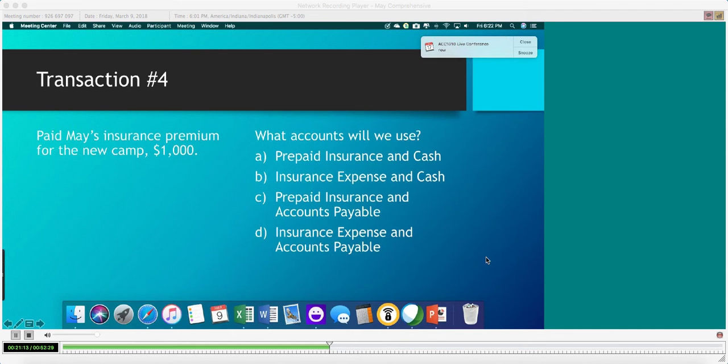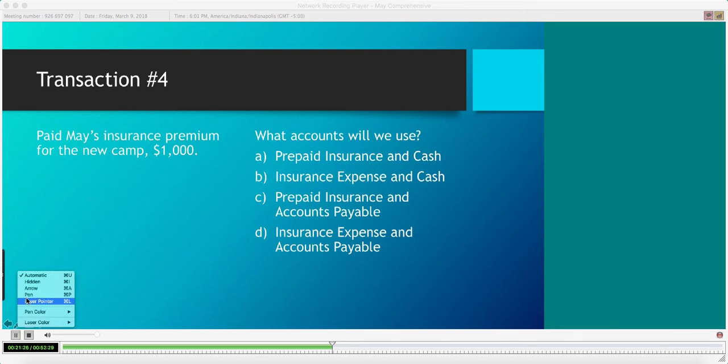Okay, again, this is a 50-50 split. This one is actually going to be insurance expense in cash, because in April we're purchasing, I believe, $6,000 worth of insurance. And that's supposed to last us 6 months, or is it 9,000?